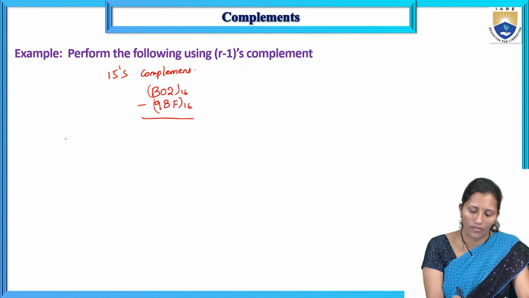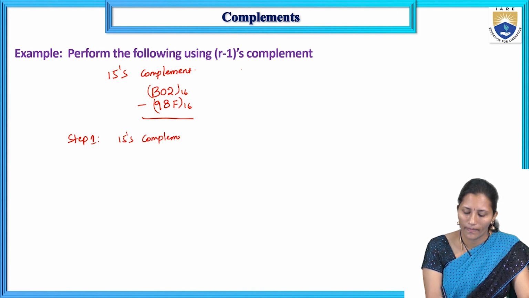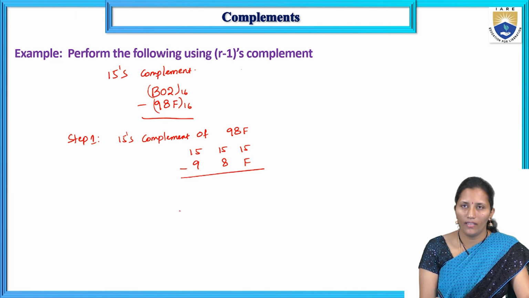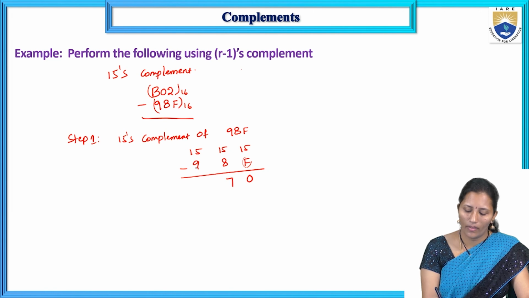In step 1, we first find the 15's complement of 98F by subtracting each digit from 15. F is represented as 15 for subtraction. 15 minus 15 is 0, 15 minus 8 is 7, 15 minus 9 is 6. So we get 670.